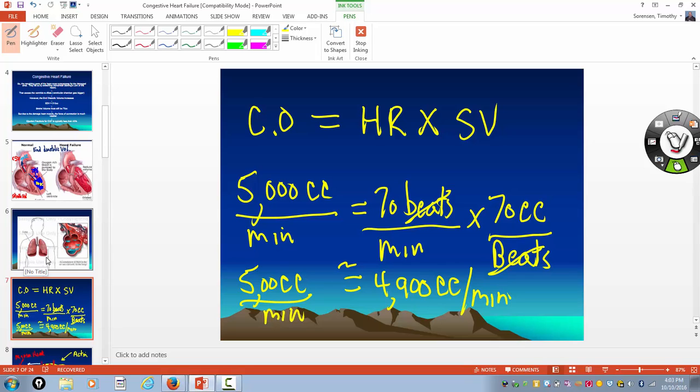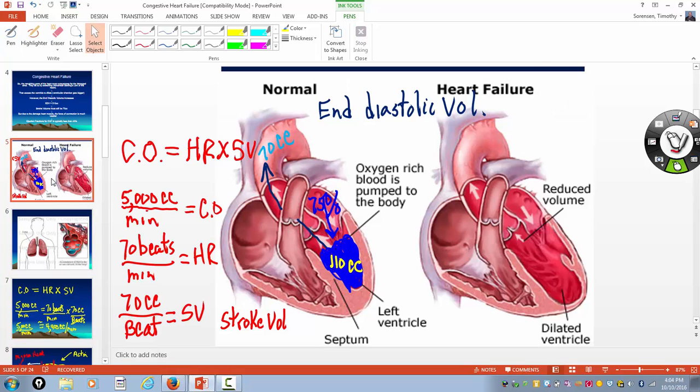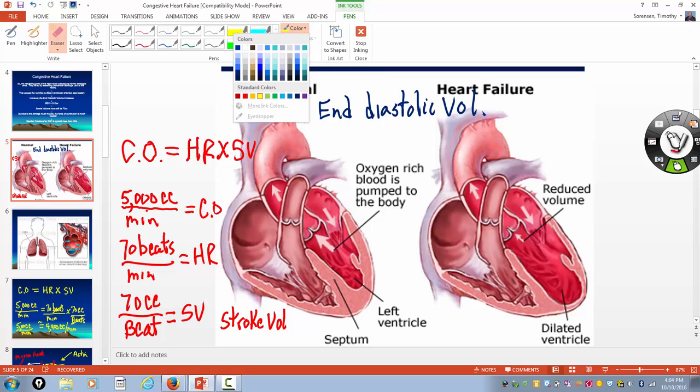Now, if cardiac output is heart rate times stroke volume, heart rate being the number of times your heart beats, stroke volume the amount of blood ejected with each beat, when you're exercising, you have to send more oxygenated blood to your arms and legs, right? So what has to happen to your cardiac output? Well, your cardiac output has to go up.